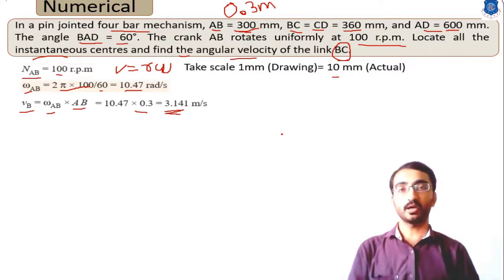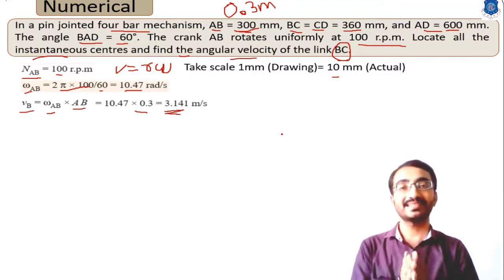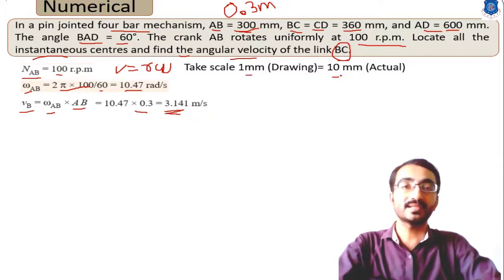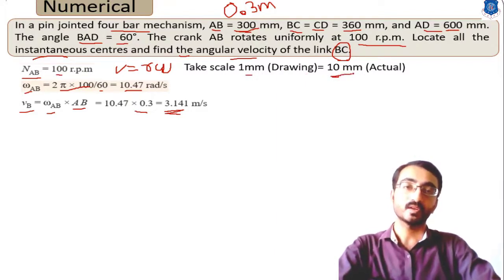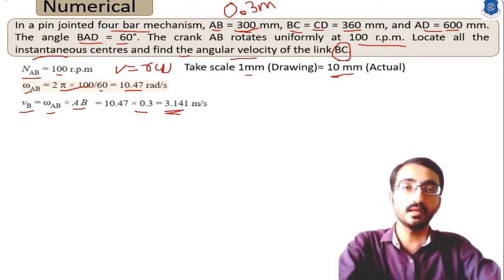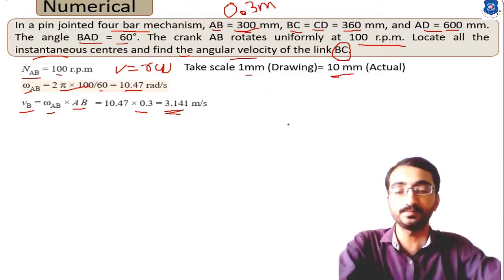So that's why we consider the scale in which a drawing length of 1 mm represents an actual length of 10 mm. By considering this scale, we will sketch the 4-bar mechanism.